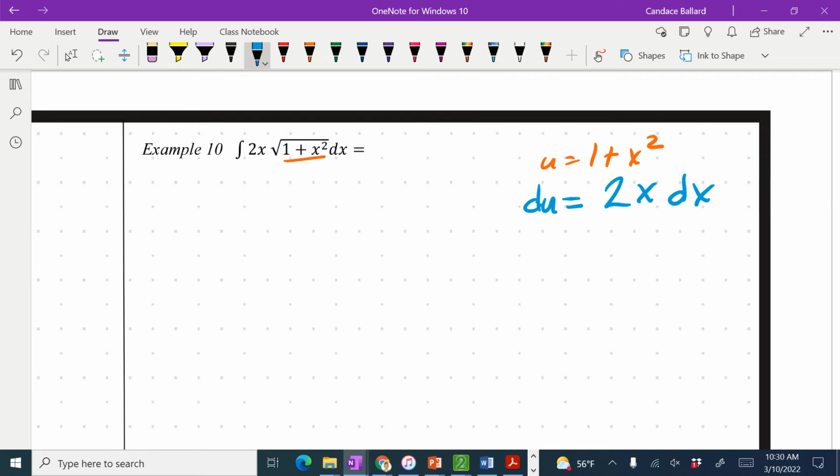Okay, so when I'm looking in my original function, I see 2x dx. All right, so I'm ready to substitute in. I'm going to have square root of what's going in for the 1 plus x squared. U, good. And then for the substitution in, I have to have 2x dx, and I have both of those things. I get to substitute in du for that part.